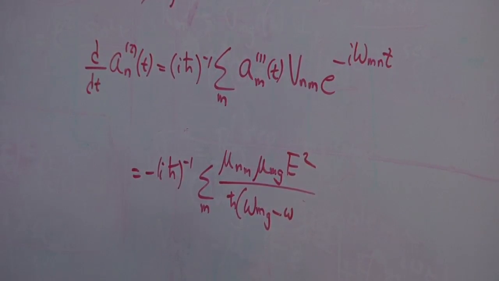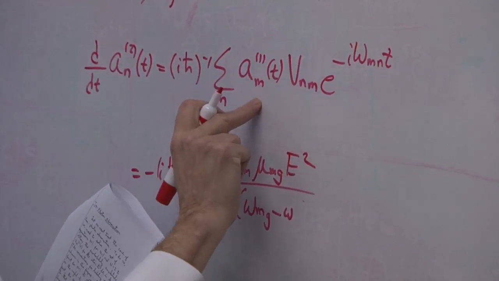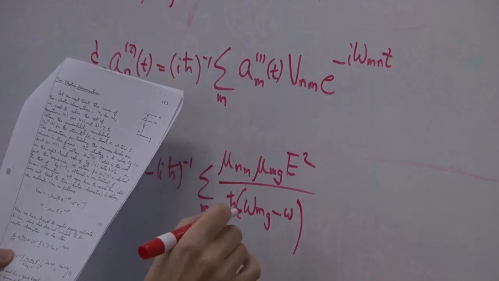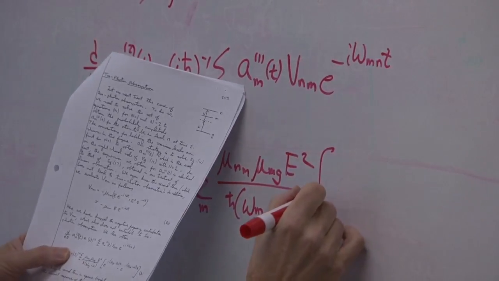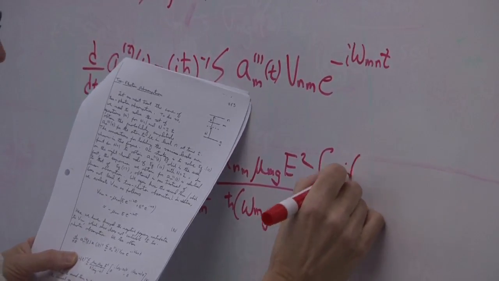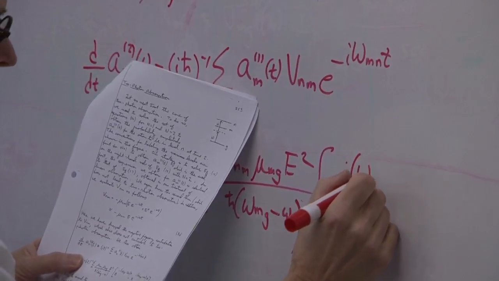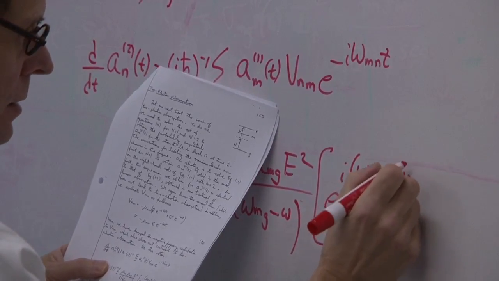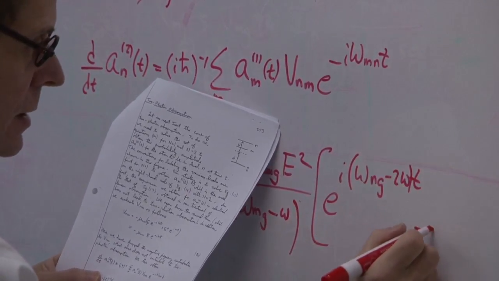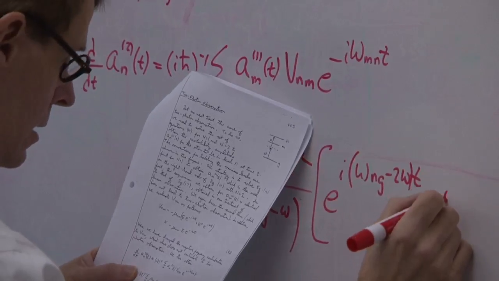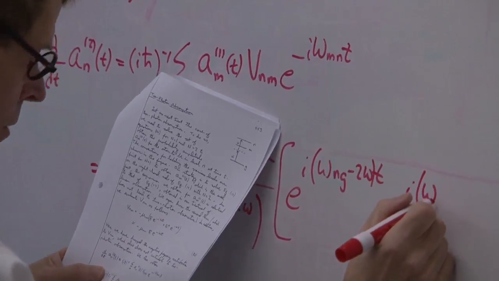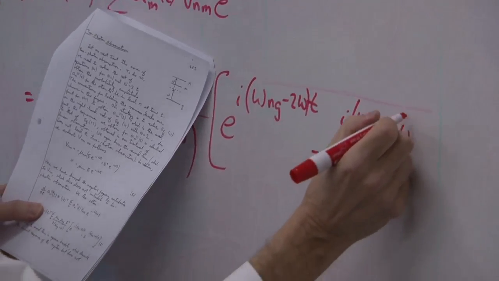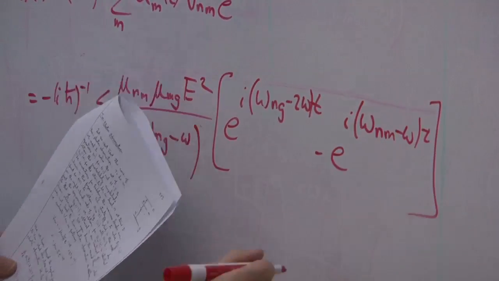Yes. So all I've done is I've taken a sub m, introduced it here. So we have this left over from before, and now we still have an e to the i omega_ng minus 2 omega t minus e to the i omega_nm minus omega times t.